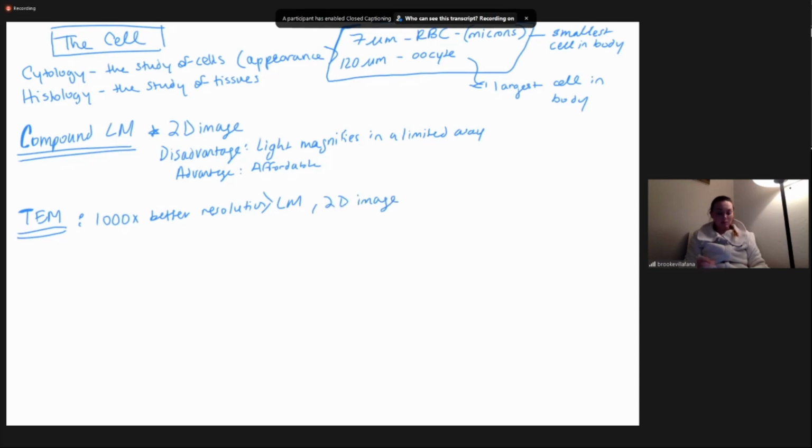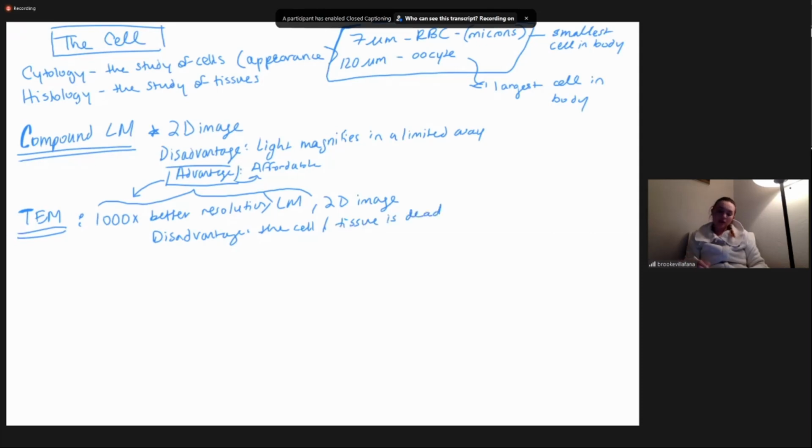It magnifies more, so this would be an advantage here. So these are both advantages, for different ones. So the disadvantage is that the cell or the tissue is dead.